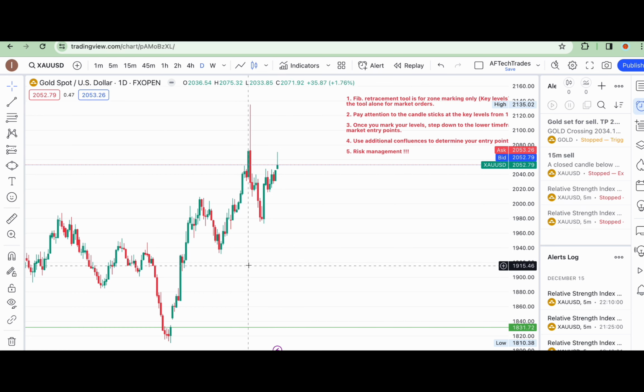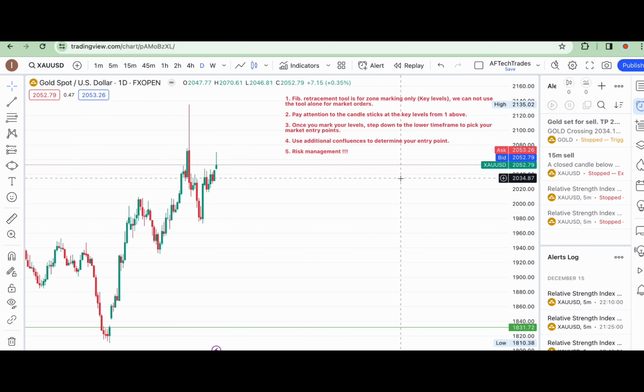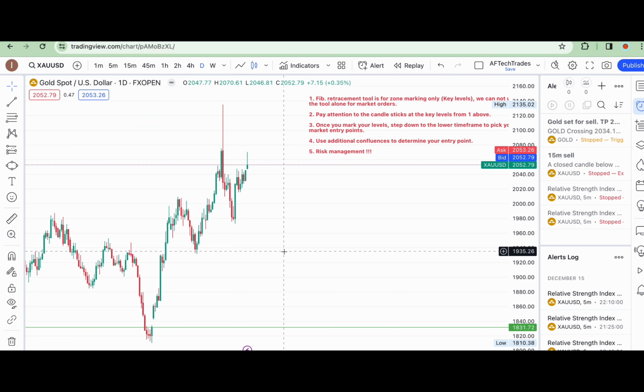What happened is we already had a reversal here, right? What we can do first of all is, rule one, use the Fibonacci retracement level to mark our zone. First of all, which trend are we on?